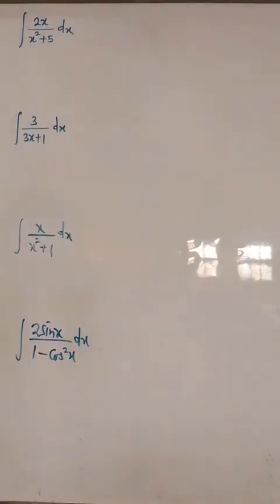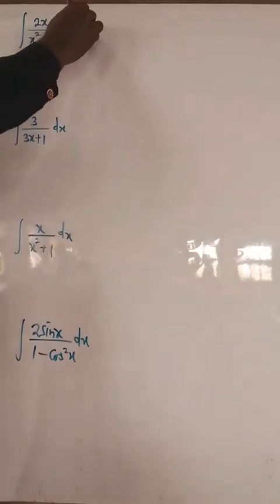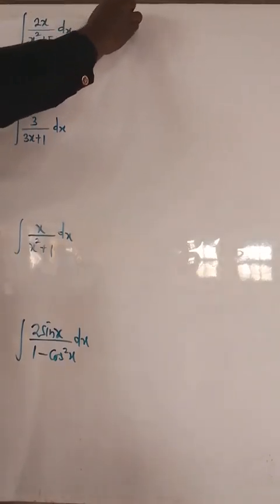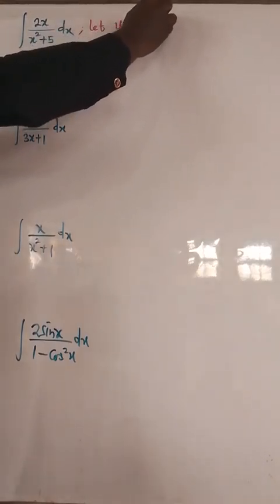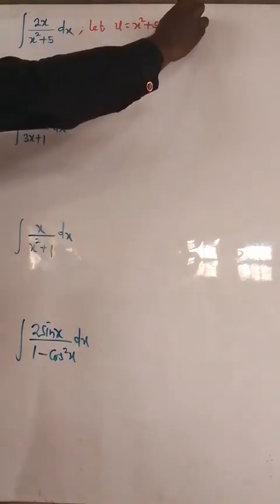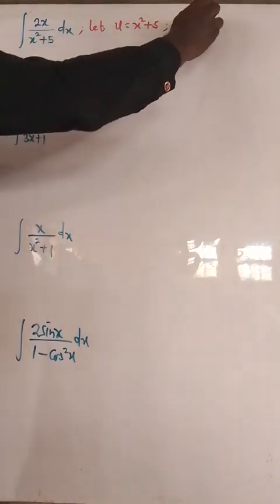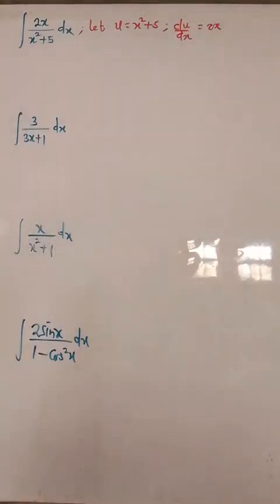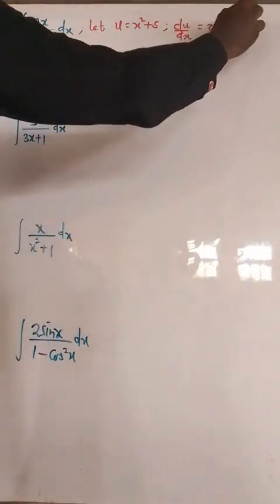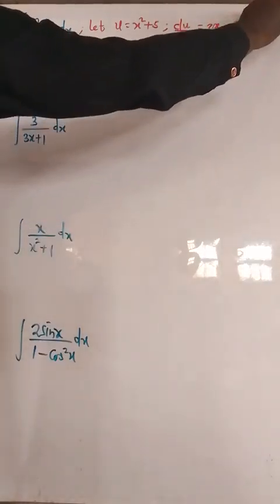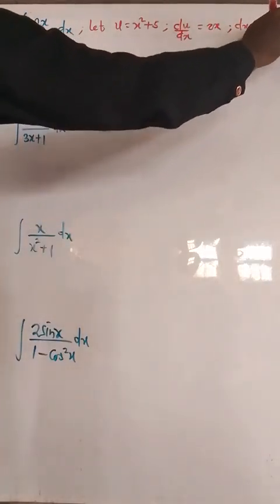Now, in all these examples, if we differentiate x squared plus 5, we get 2x. So let u equal x squared plus 5. In this case, du dx equals 2x, and from there dx equals du over 2x.